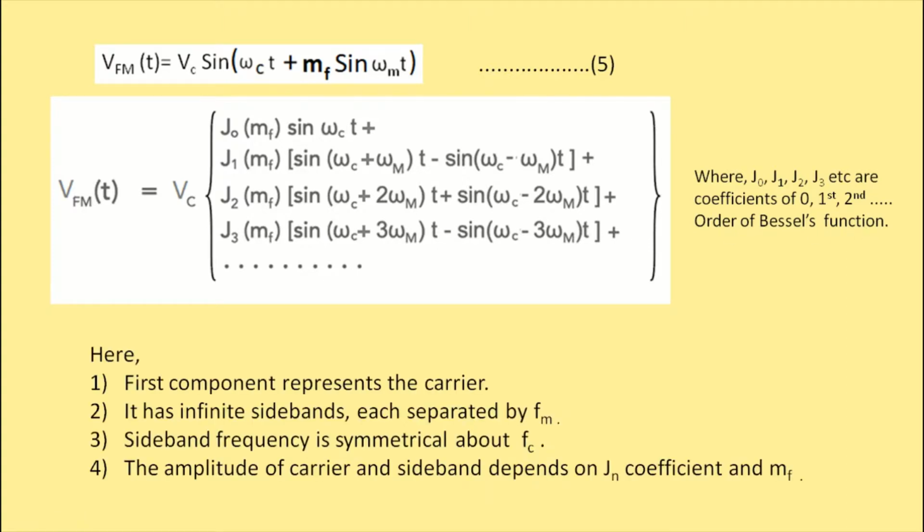The first component represents the carrier signal. So here you can see that the first term, J0 MF sine omega ct, is nothing but the carrier component. And as already told to you, it has infinite sidebands, each separated by a frequency of Fm. The sideband frequency is symmetrical about Fc, and the fourth point that we observe is that the amplitude of the carrier and sideband depends on the Jn coefficient and also on the modulation index.